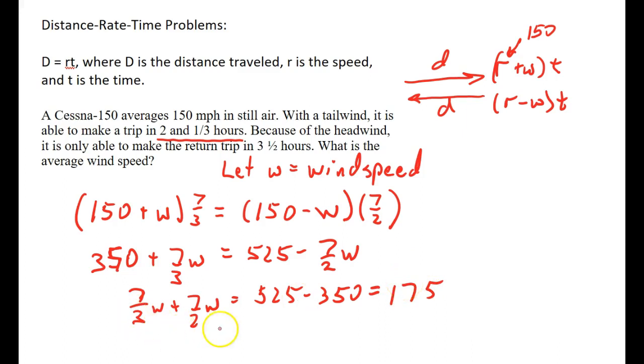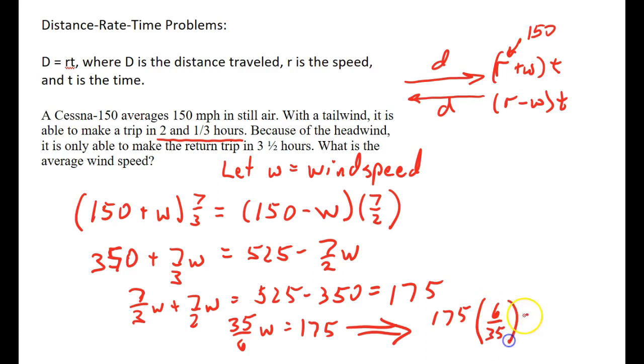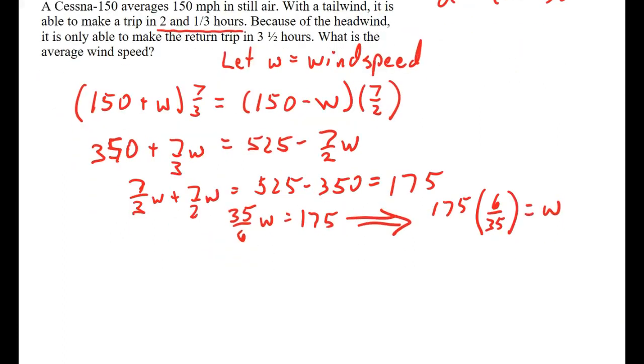Okay, so getting a common denominator and adding my W's together, I'm going to get 35/6 W equals 175. And from that, 175 times 6 over 35 will give us W, which works out to 30 miles per hour. That's how fast the wind is blowing in this problem.